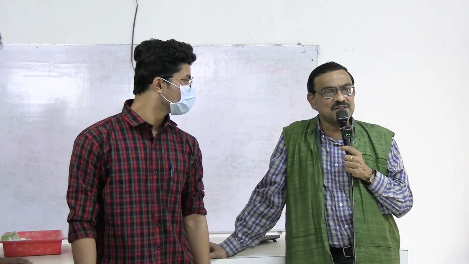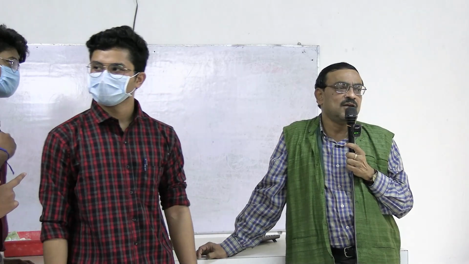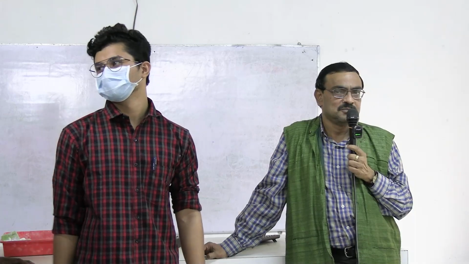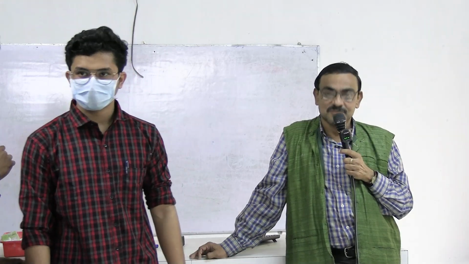Sir, deltoid branch, clavicular branch, pectoral branch, acromion branch. Which branch will you find in the deltopectoral group? Deltoid.